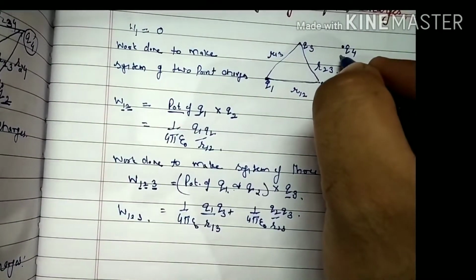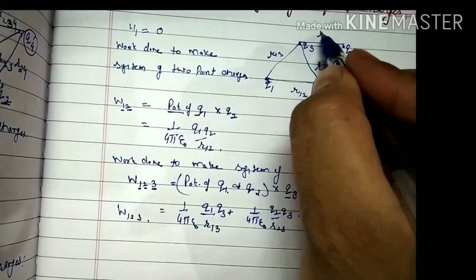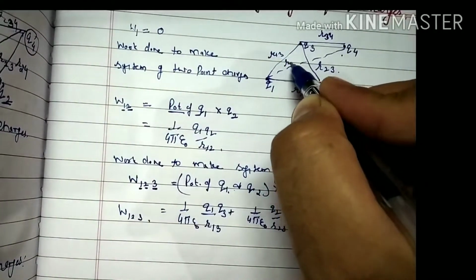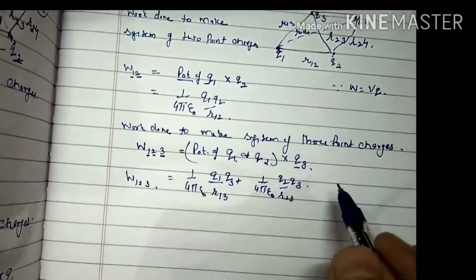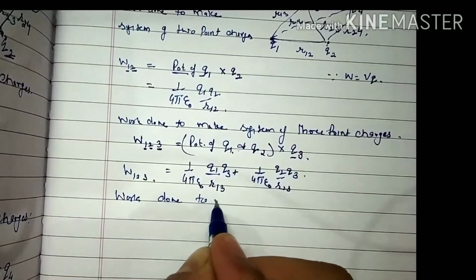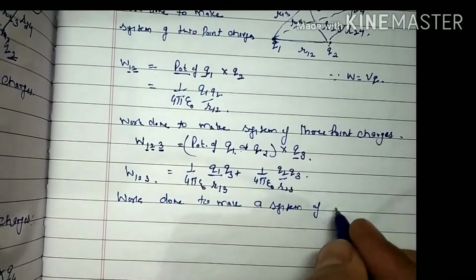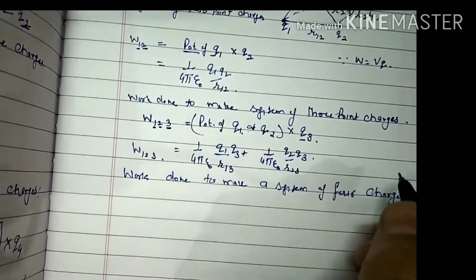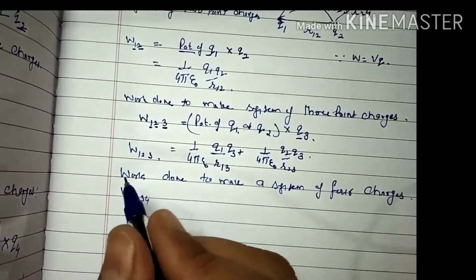Now the Q4 charge is placed in the potential of Q1, Q2 and Q3, and let the distances be r14, r24 and r34. Then the work done to make a system of 4 charges is W1234. You know that work done is stored in the form of electric potential energy.